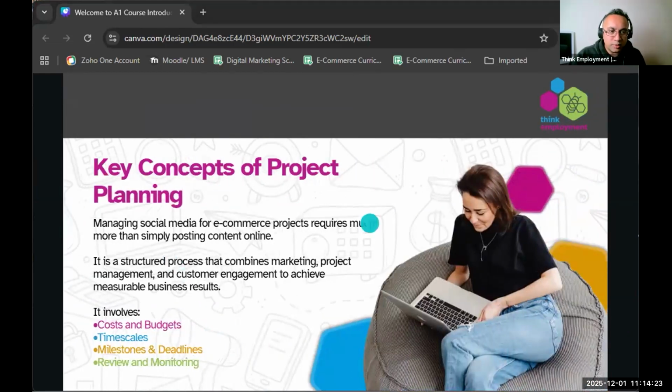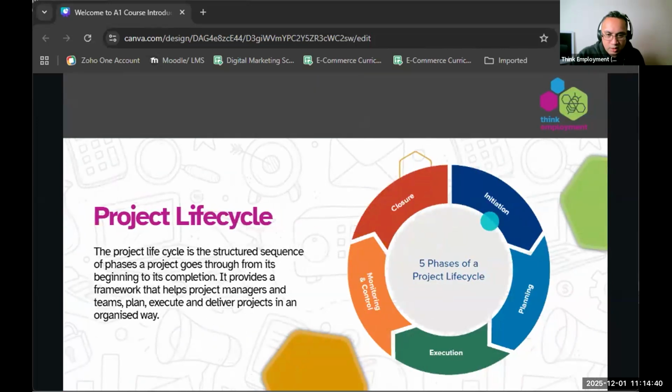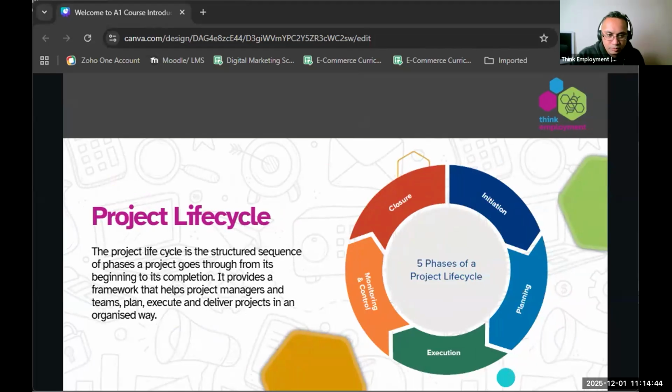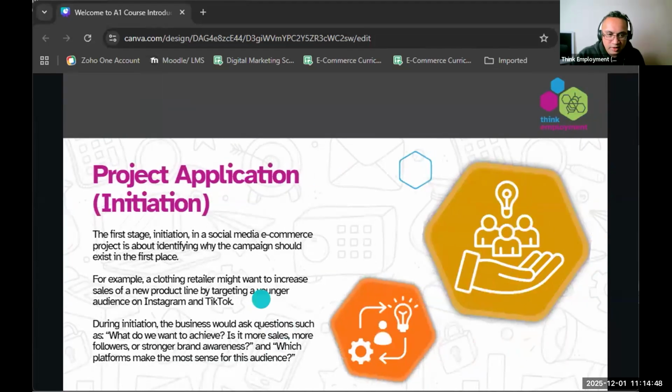So key concepts of project planning. Okay, so the phase that we talked about, the planning phase, okay, which was, if we go a few slides back, let me go all the way back so we can see that image here. So we saw initiation and then the planning, and that after the initiation, that planning phase was quite intense, where you've got to really understand what you're going to do.